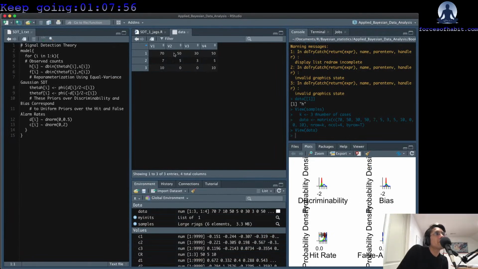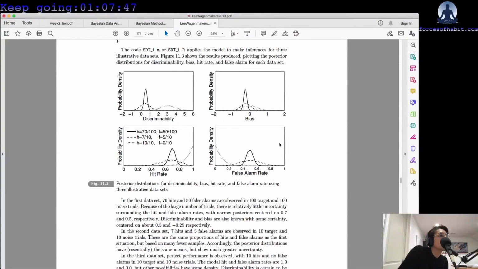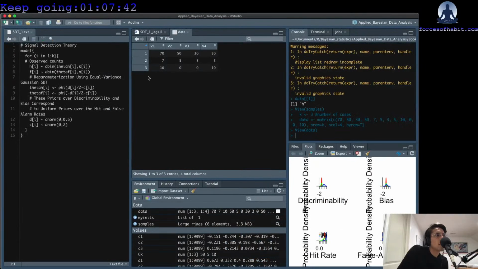Right, so you had 200 trials in total for this first one, right? So this is 3 different data sets. I got it now. 3 different data sets, each of which has some distribution of trials, where we have 20 trials for the second one, 20 trials for the third one, and 200 trials for the first one.